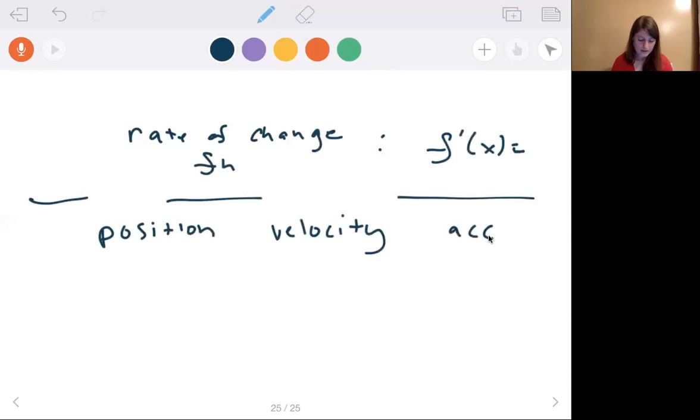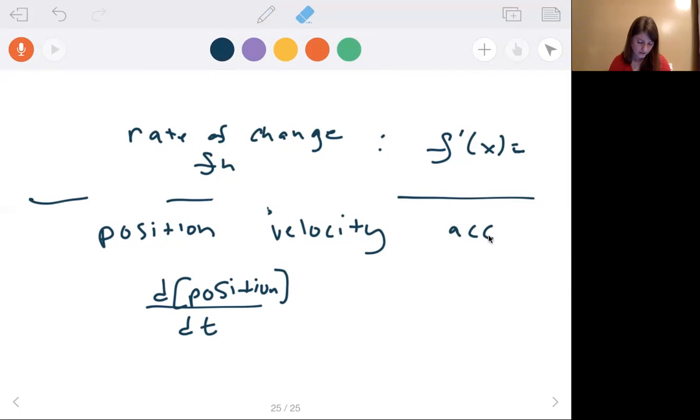So the idea is if you differentiate position, you get velocity. Maybe I should write it like this. And a lot of times instead of a dx, they'll use a dt, like with respect to time. A lot of times when we wrote this earlier, we just said if you differentiate, kind of like this.